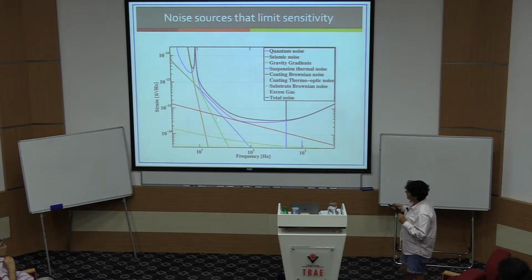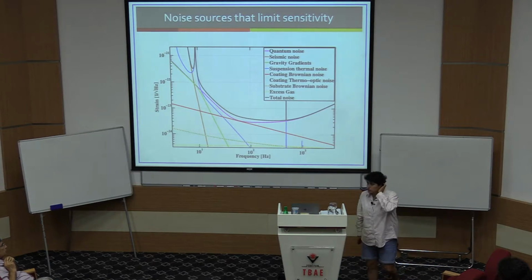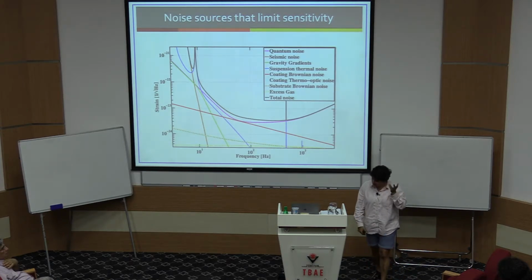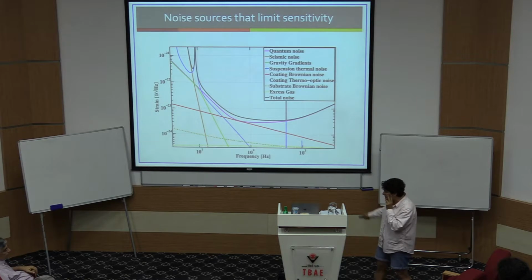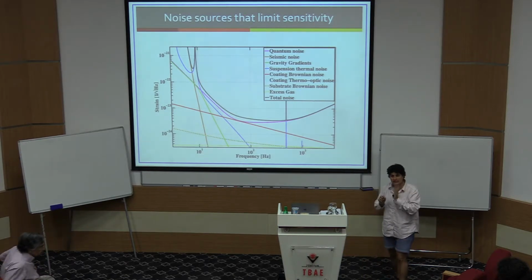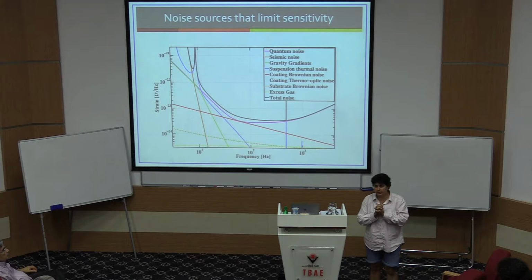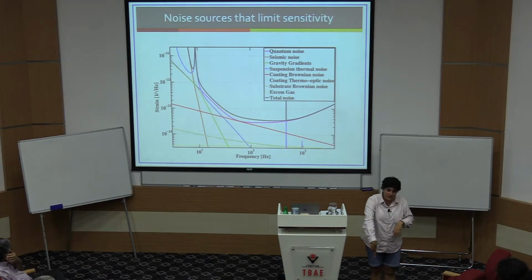And I'll speak about this noise source, the green one. The green one is something that we call Newtonian noise. It's written as gravity gradients here. They're roughly equivalent. And this is actually a tremendously interesting and peculiar noise source. It comes from the fact that you have these mirrors hanging as pendulums, the free-falling test masses of general relativity, and they're hanging downwards towards the local direction of g, the gravitational acceleration.